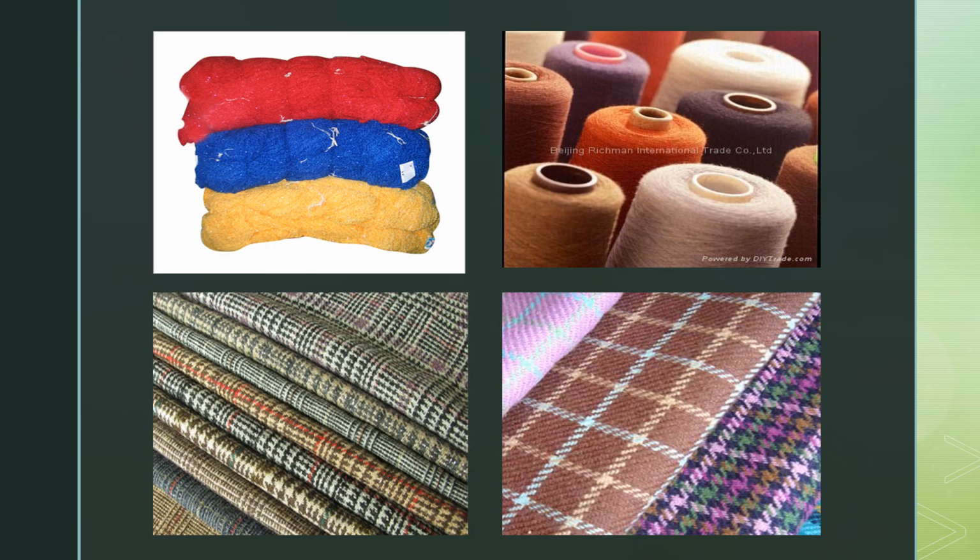Finally, it is converted into colored dyed fibers as rolls or as yarn, which is wound onto spools. This yarn is used for making blankets, scarves, shawls, caps, etc., which are used in the cold places.